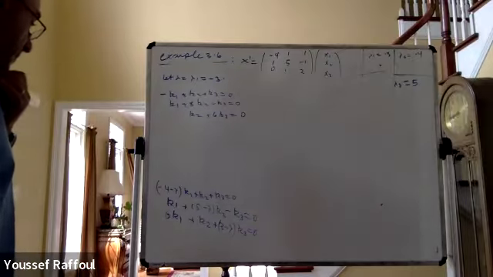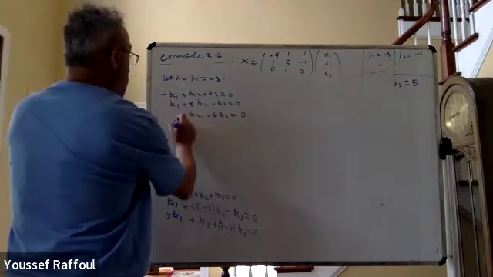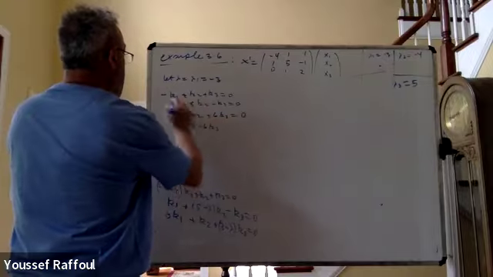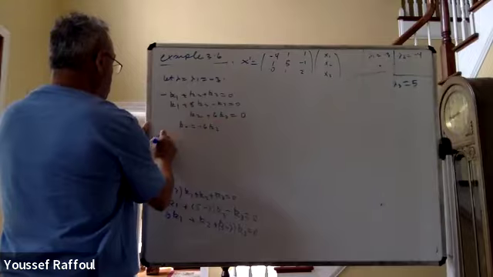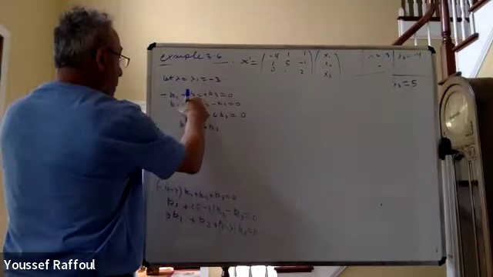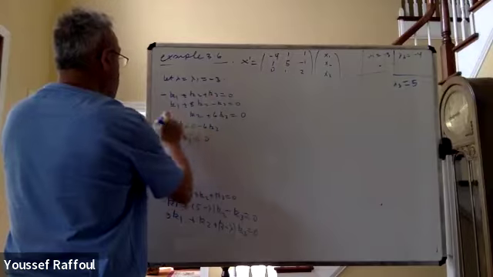Did you check for me? Now, let's solve for K2 here. So K2 is -6K3. So let's put it in here. So minus K1, minus 6K3 plus K3, minus 5K3 equals 0.